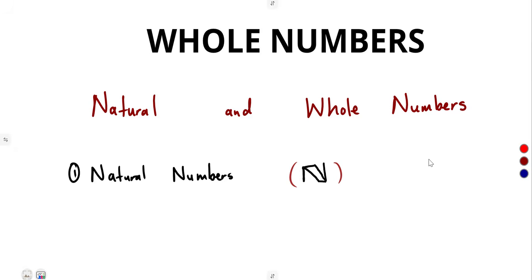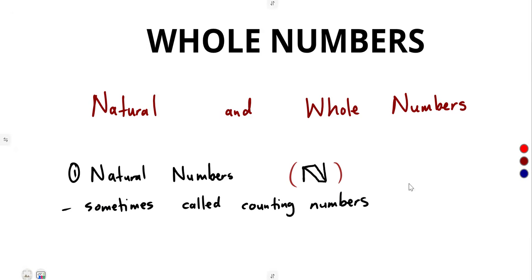So they can be referred to as counting numbers, where zero is not included.